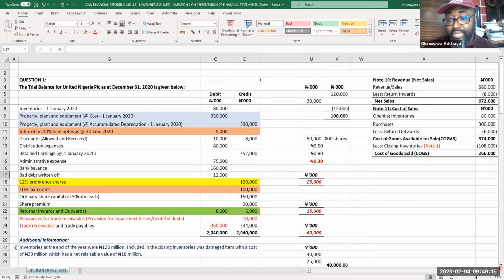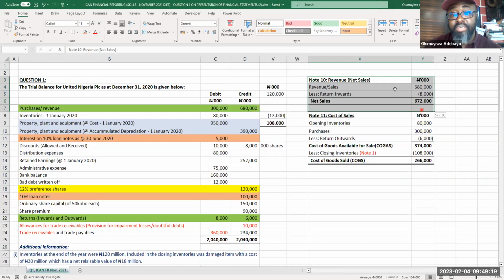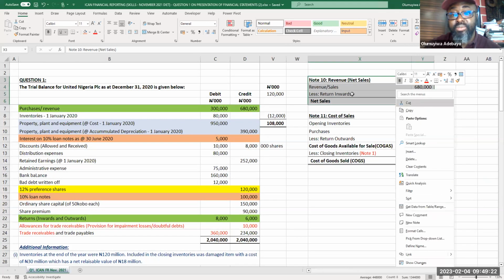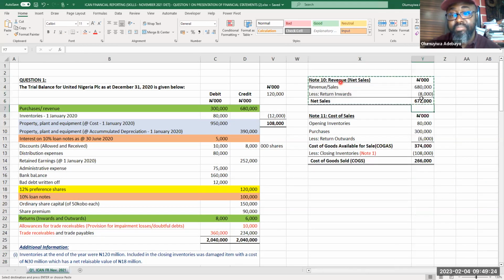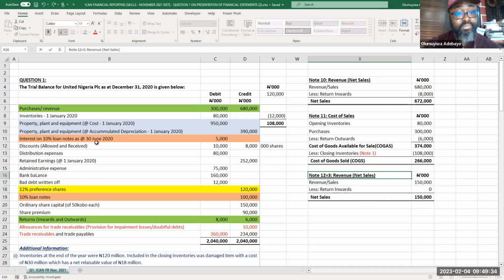I go back to determine my finance costs. My finance cost should now be note 13. Finance costs.